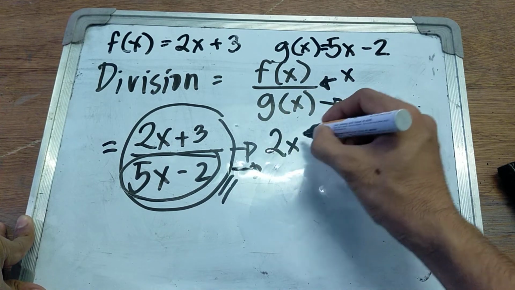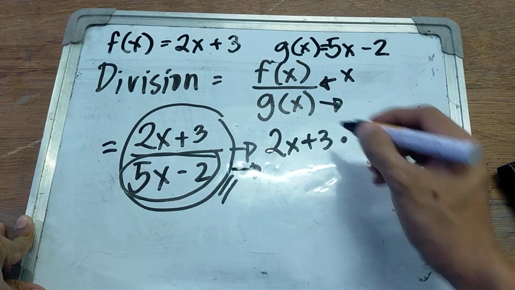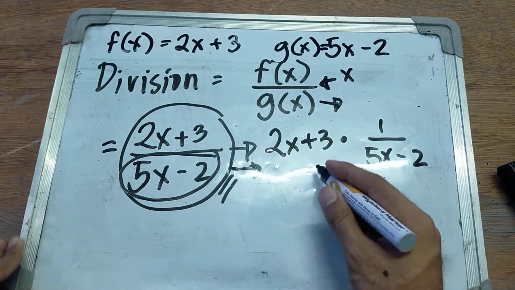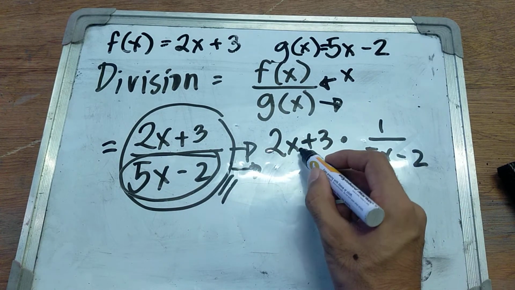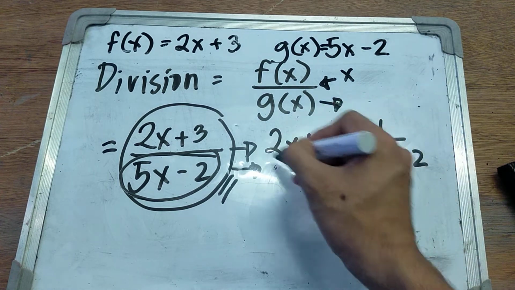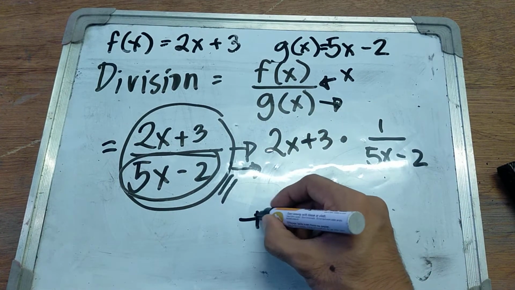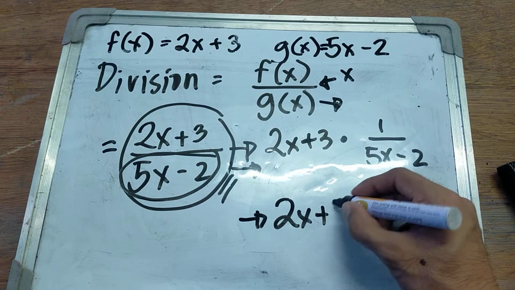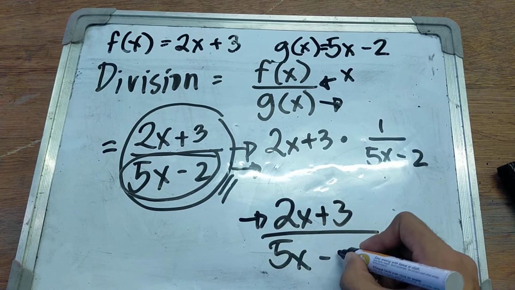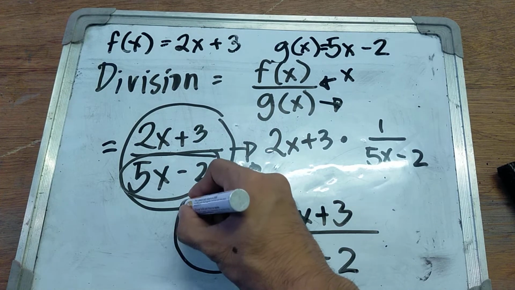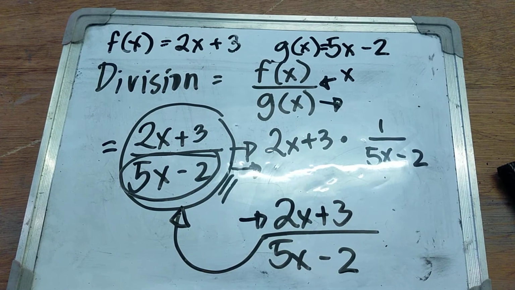And then, copy the 2x plus 3. So, pag nagmumultiply, numerator sa numerator, and then, denominator sa denominator. Since any number multiplied by 1 is the number itself, so, mangyayari magiging 2x plus 3 na lang. And then, since wala naman siyang kasama, we have 5x minus 2. So, ganun pa rin yung result na lumabas.